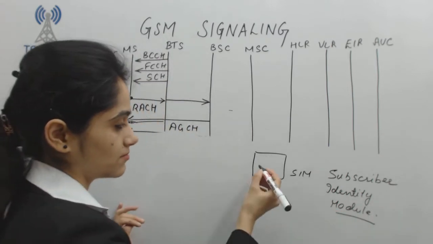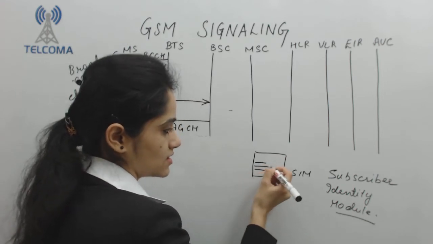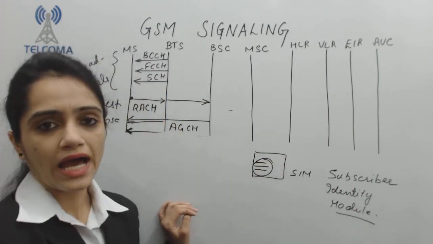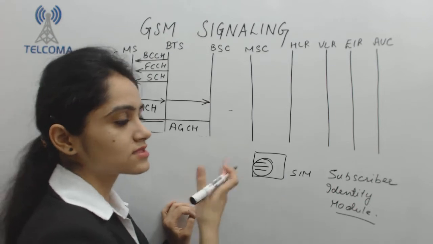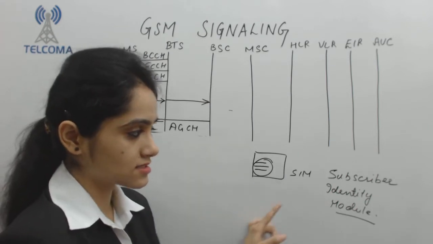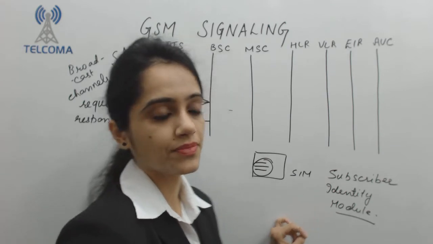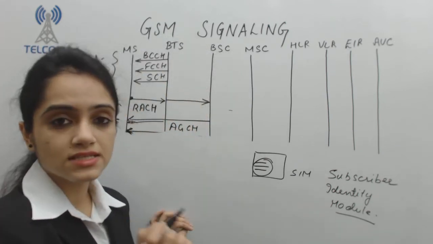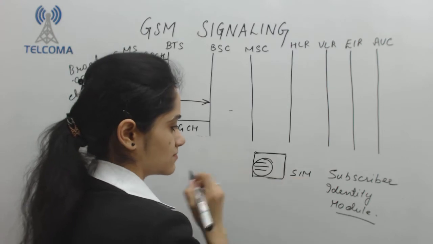We can store some numbers, some keys in this SIM. Having a small memory, it can save, and we are predefining and storing some numbers in it. When we go to purchase a SIM, we get a packet of the SIM.